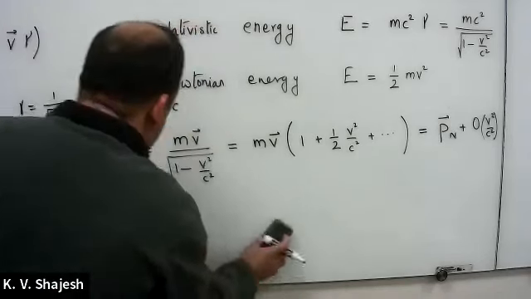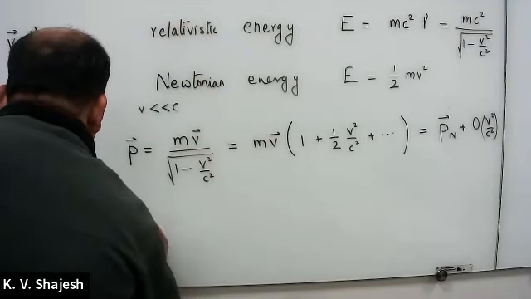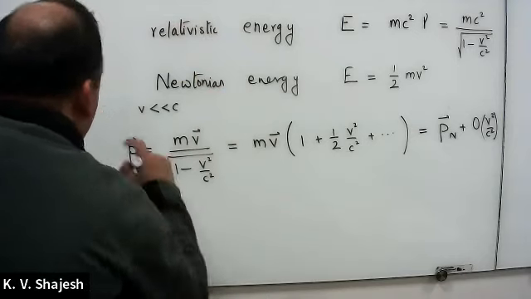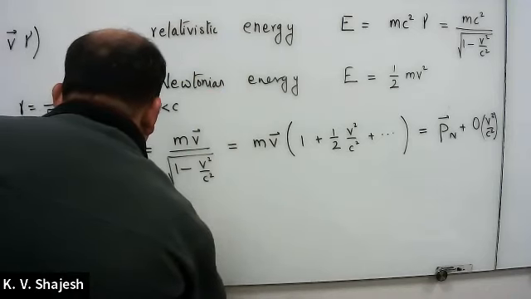What about energy? How does the relativistic energy go to Newtonian energy? That's E is equal to gamma mc squared. Same idea.